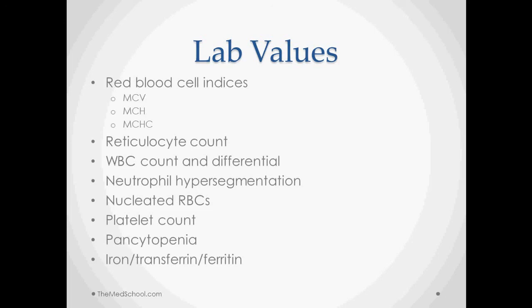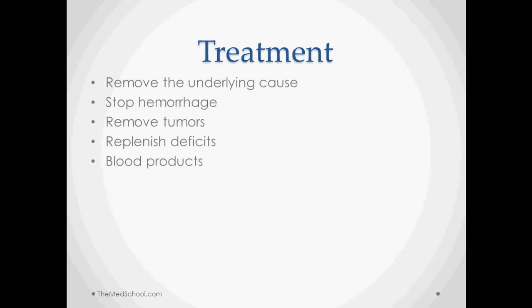White blood cell count and differential can lead us to diagnoses in which we may be producing no blood cells at all, white or red blood cells, as well as can help lead us to inflammatory processes. Nucleated RBCs, platelet count, pancytopenia, and iron transferrin and ferritin are especially helpful when we're talking about iron deficiency.